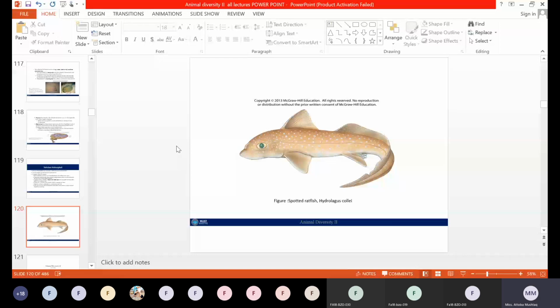The mouth is surrounded by large lips, and it has a narrow tapering tail. Here you can see in the diagram. Therefore, they are known as ratfish, right?